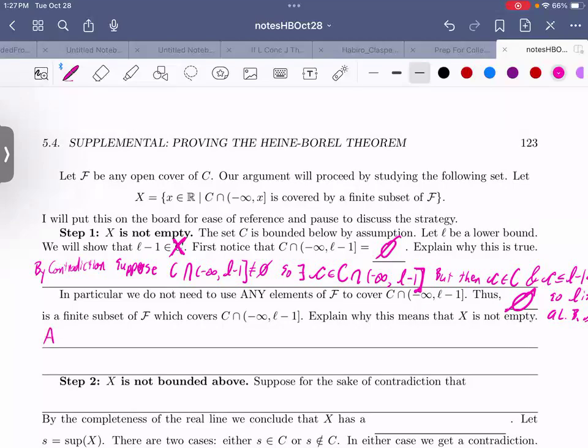So there is a finite subset of F, namely the empty set, which covers C intersect negative infinity to L minus 1.